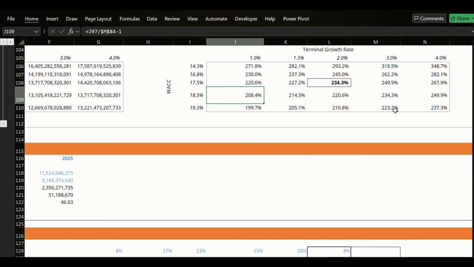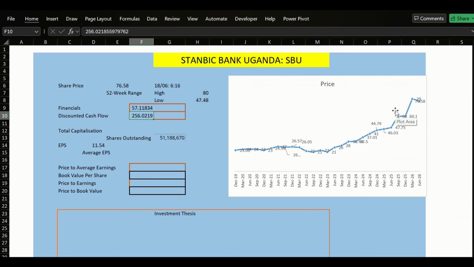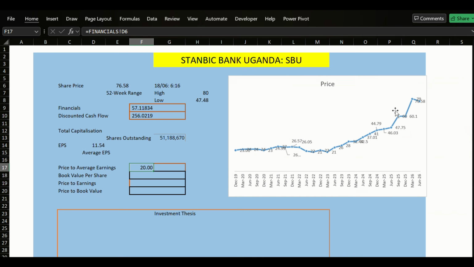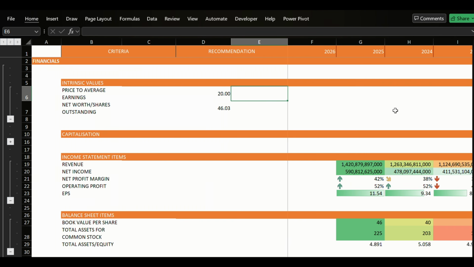A little accurate, just connect this back. Price to average earnings. There we go. What did happen here?